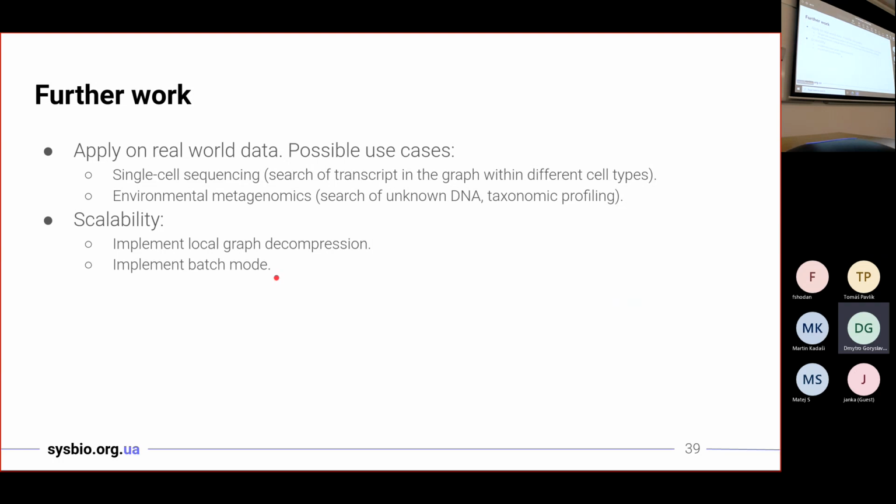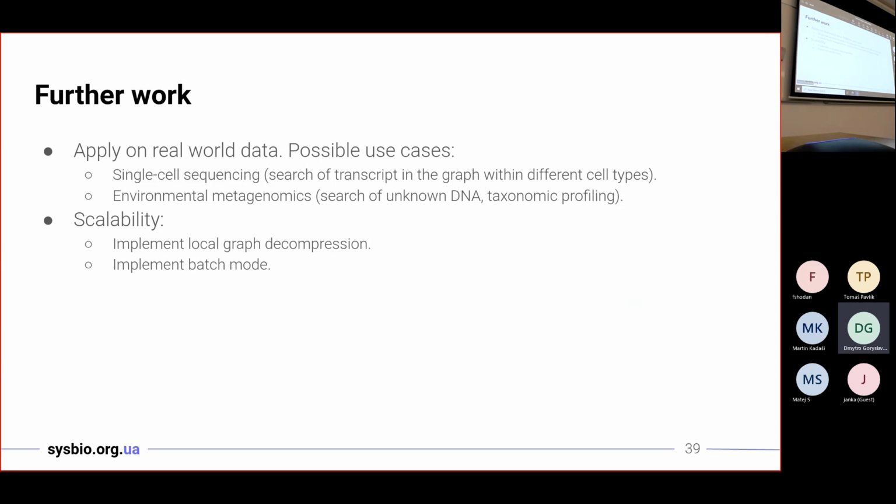Here are some use cases. It can be used in environmental metagenomics, as I said, for search of unknown DNA, for example, for taxonomic profiling, because we have a data set collected by the consortium MetaSUB.